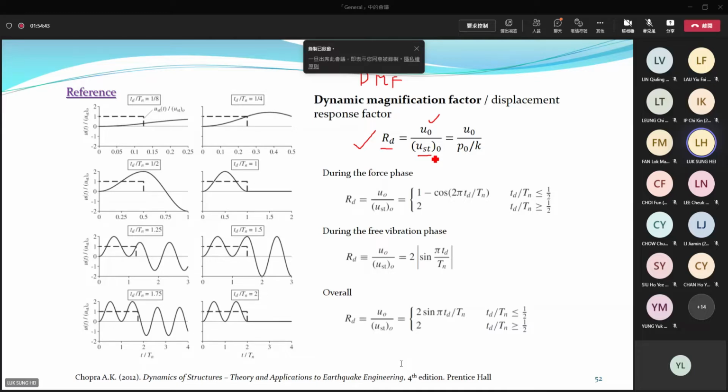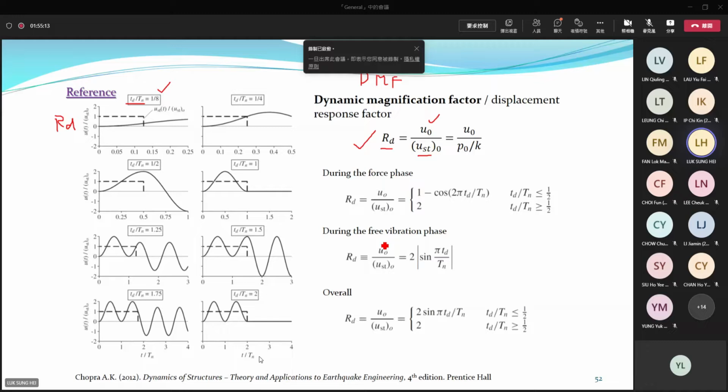So using the same definition, you can also evaluate RD for different pulse shapes. The graph on the left-hand side just shows you different pulse durations versus the vibration period. The graph here we plot the graph of RD with different combinations for your reference. You can see that for different combination of loading durations to the relative vibration period, the result look quite different.